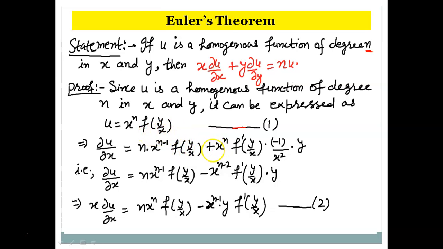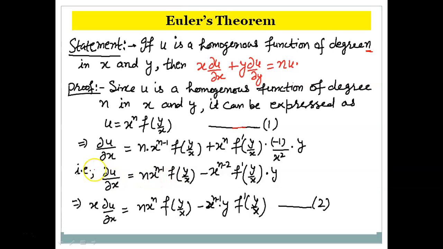Plus, in the product rule, the first function will be kept as such, and you will differentiate the second with respect to x, and of course y will be treated as constant because you are taking the partial derivative. So the first function as such, then the derivative of this with respect to x is f dash of y by x, and you will take the derivative of this part: y is constant, so the derivative of 1 by x is minus 1 by x square.